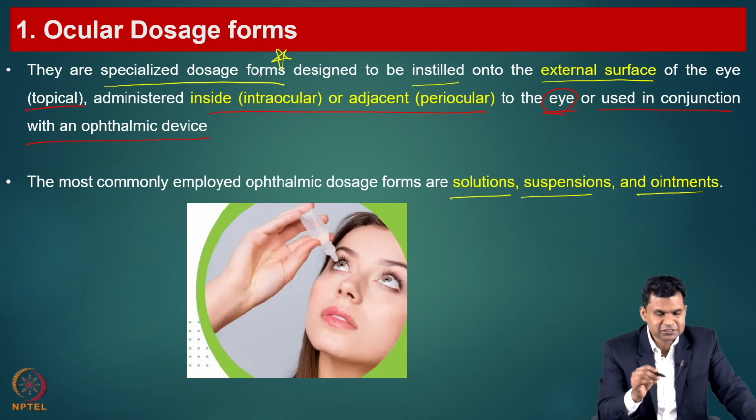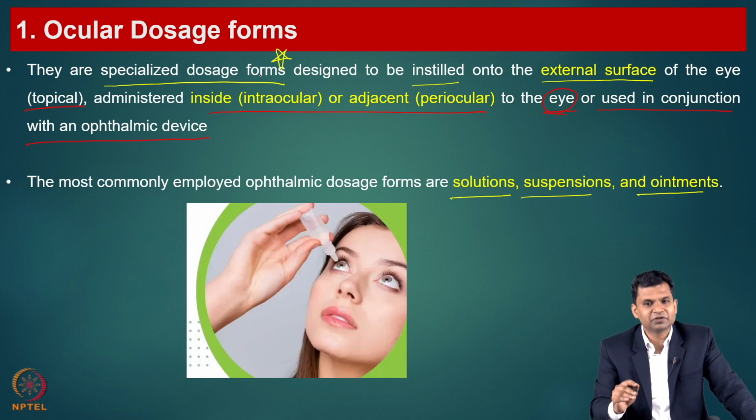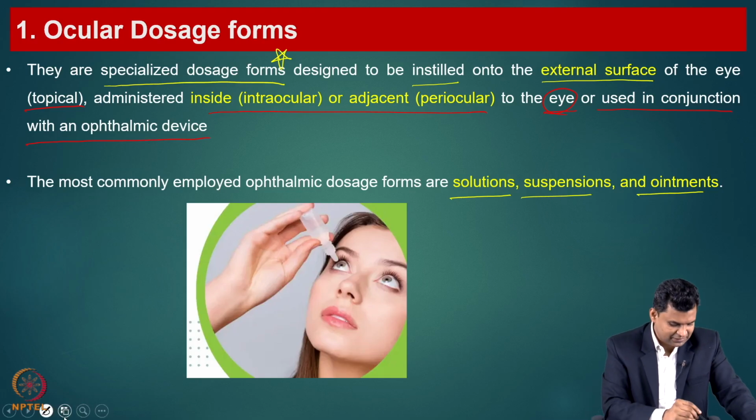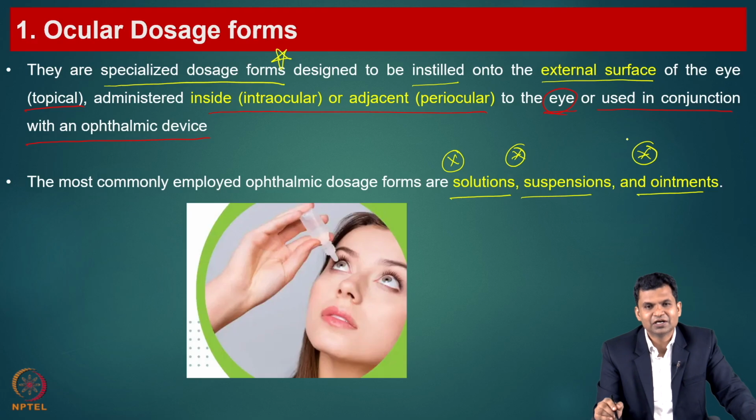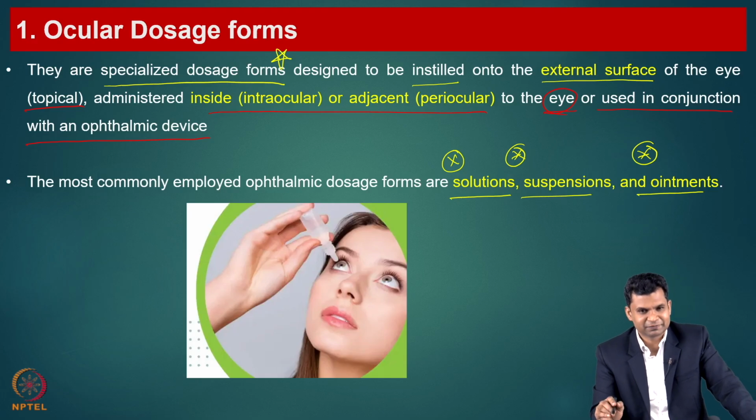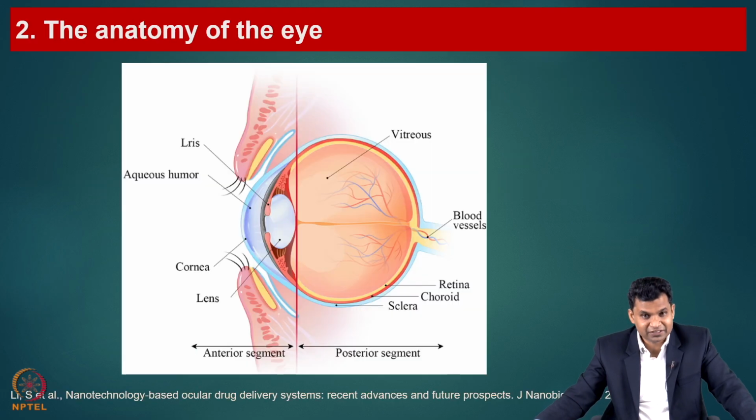Now, the specialized dosage forms that we are going to discuss in our upcoming slides are not simple solutions, not simple suspensions, and not the ointments we use for topical formulations. These are specialized dosage forms, and they have some criteria.